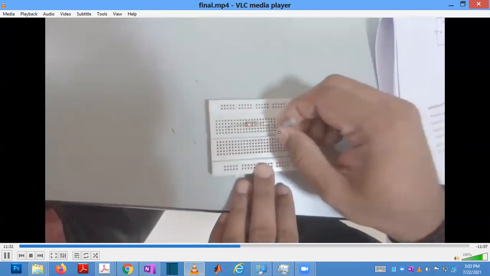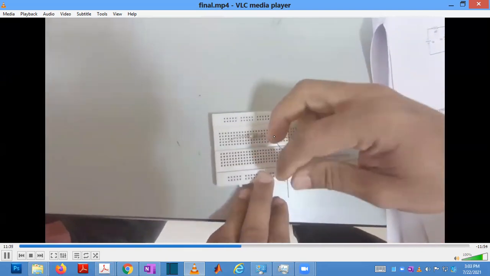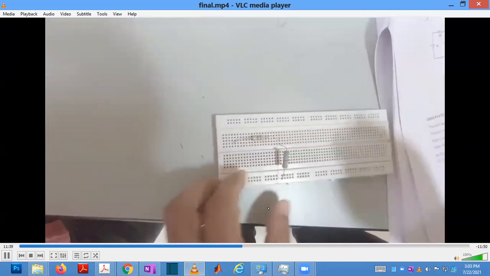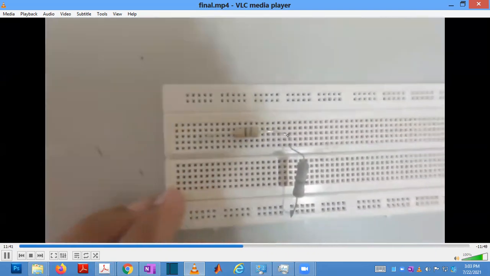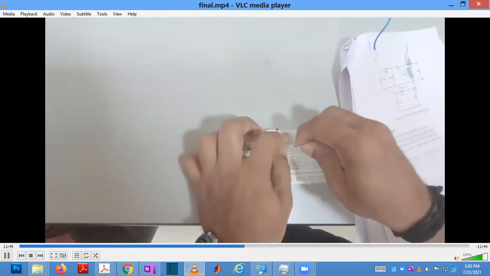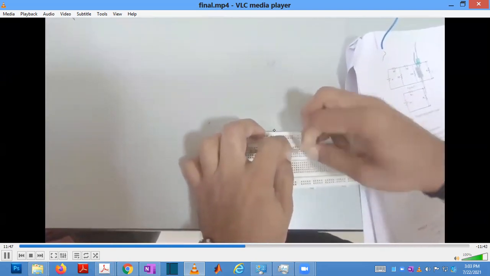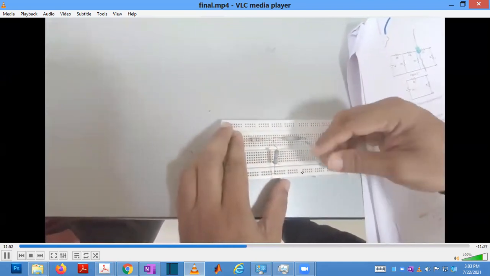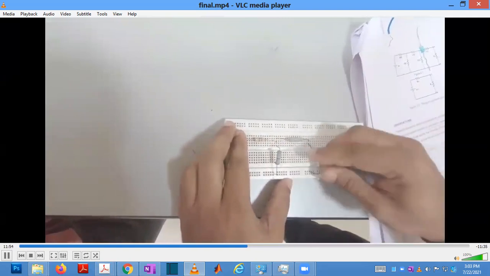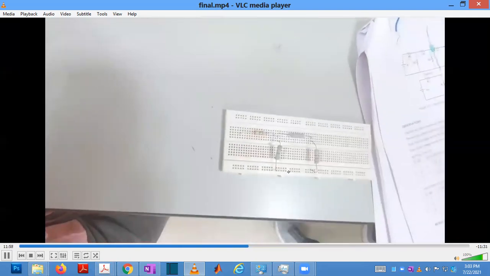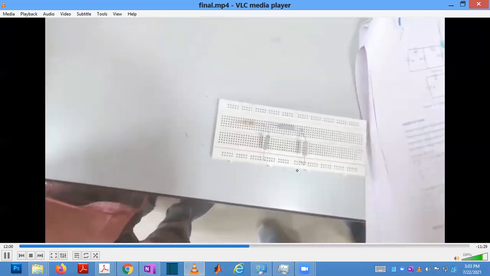On this line I connect the other resistor and I am connecting it down here. From this point another connection will go to the next point. At the next point I connect another resistance here, and you have to short circuit these two terminals. That is the only point you have to do. Then I connect the last resistor.